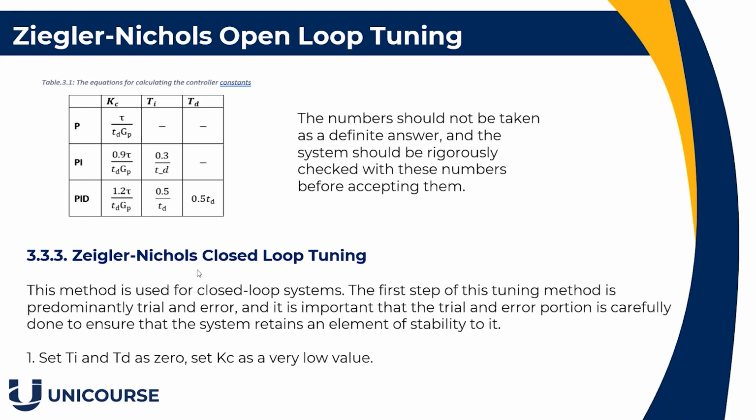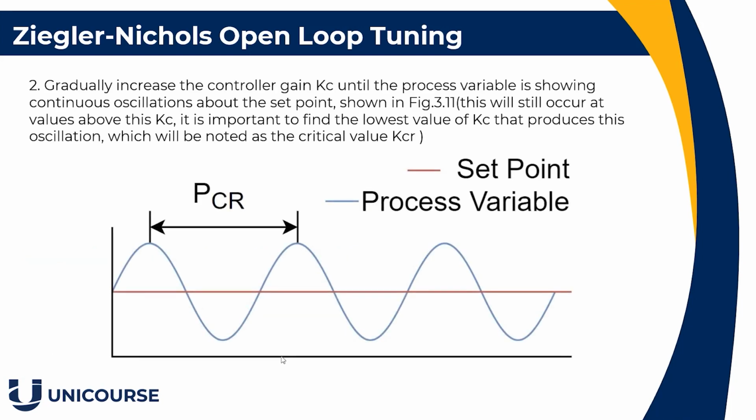Of course, we're using this for closed loop tuning. We want to keep the KC value very, very low. And we can see here the difference between the two points. We've got the set point here and the process variable as well.